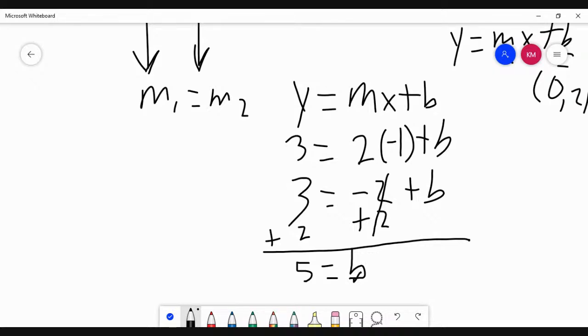So now my parallel line equation is y equals 2x, since my b is positive, plus 5.